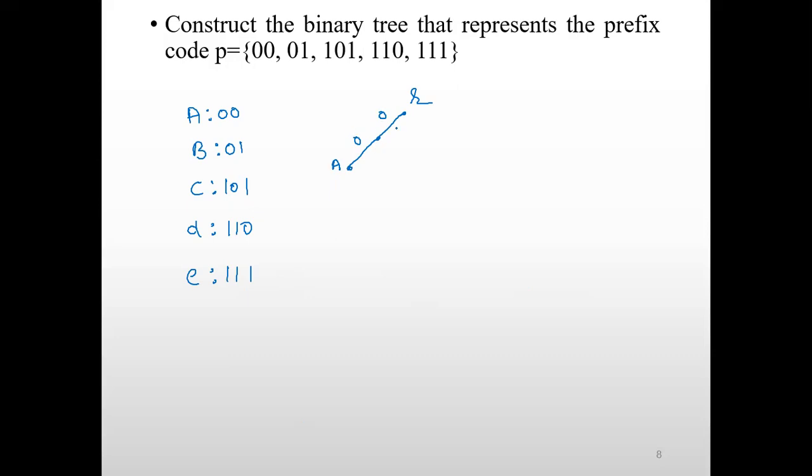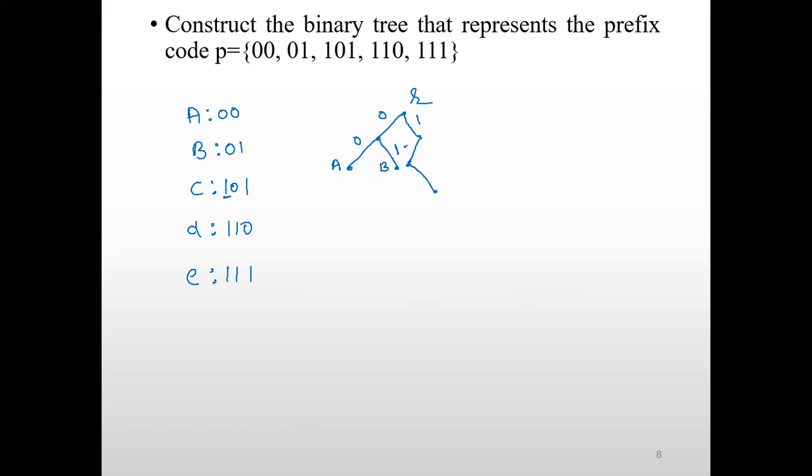Next we have 01. So again it will be 0 and 1, and it will be B. Next we have 101. As the first element is 1, it will be the right child, then left for 0, and again right for 1.